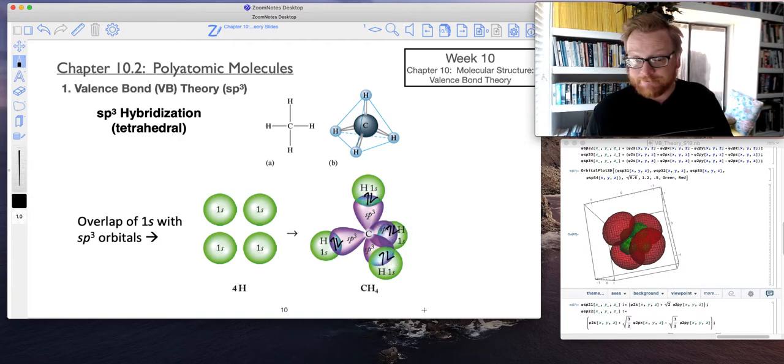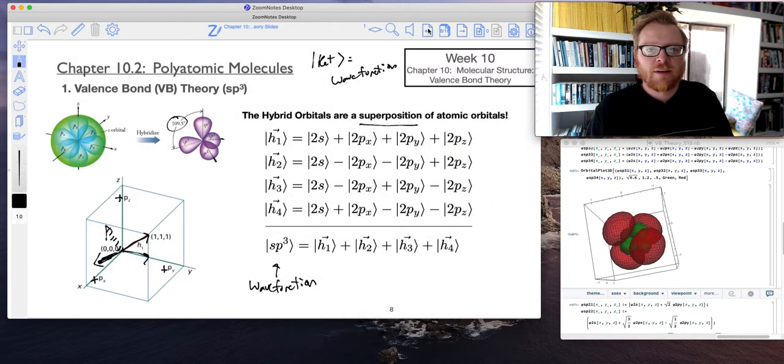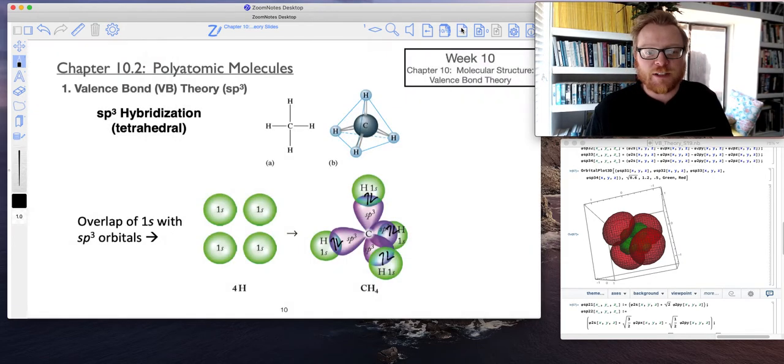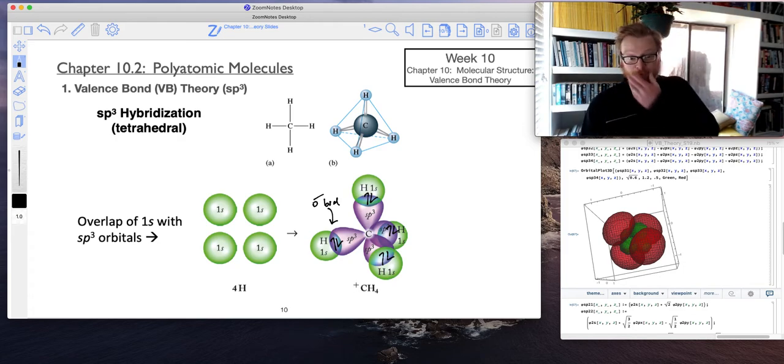Which is pretty cool. Because once again, we only had one electron, where is it? Yes, one electron in each of the sp3s. So to make a bond, and specifically to make a sigma bond, right? Then we have that spherically symmetrical overlap.